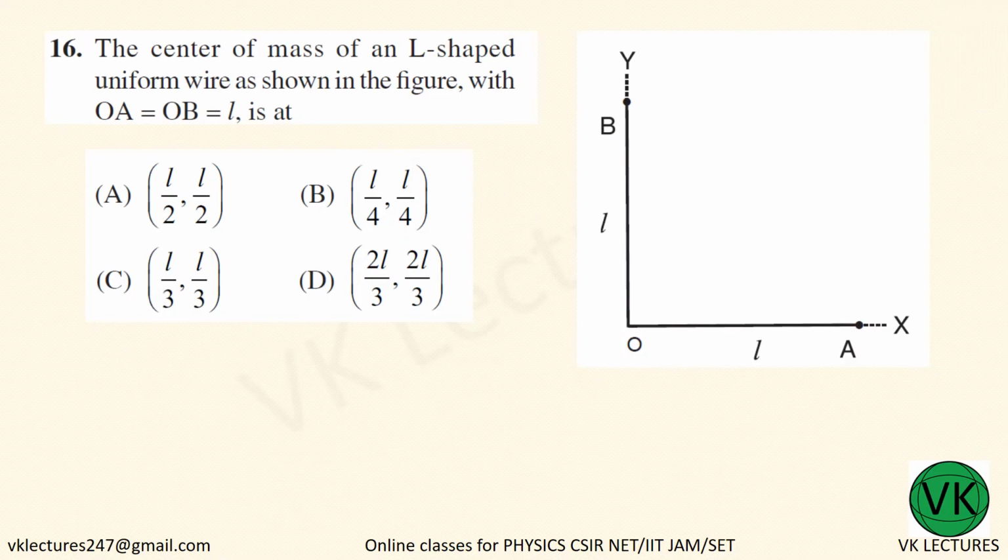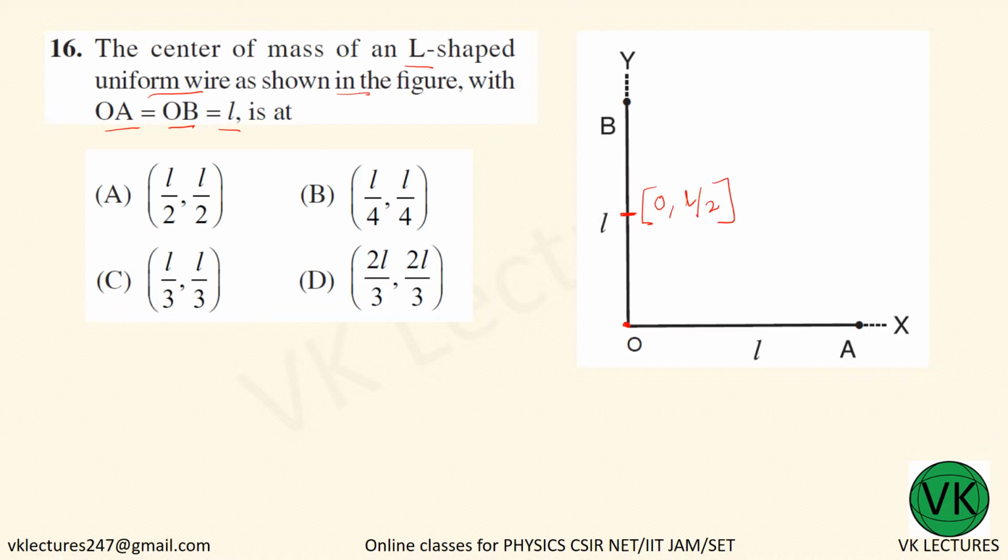Center of mass of an L-shaped uniform wire as shown in figure. OA equal to OB equal to L is set. So this is a problem on center of mass. Let us see if there was only OB, then center of mass would be at this point, that is, the coordinates on the y-axis are 0 comma L by 2.